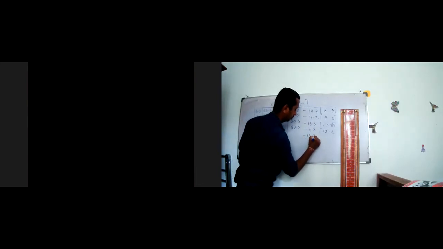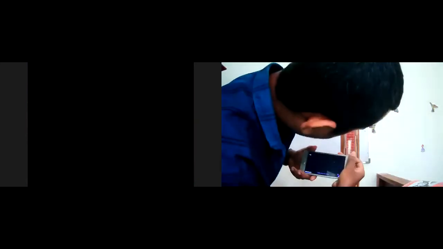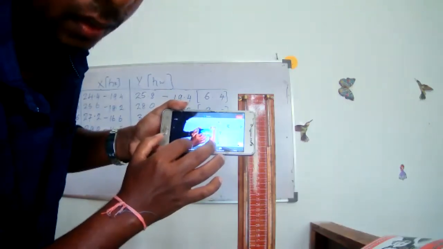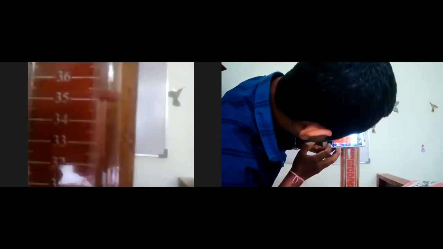I'm going to take my final reading now. The balancing value is 13.7, right? The upper reading is 35.